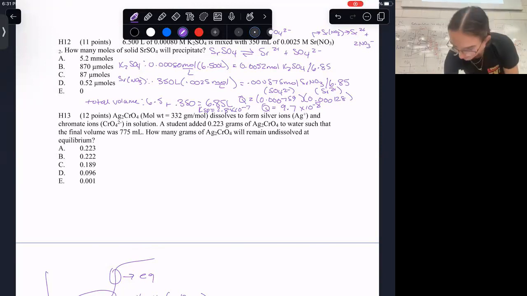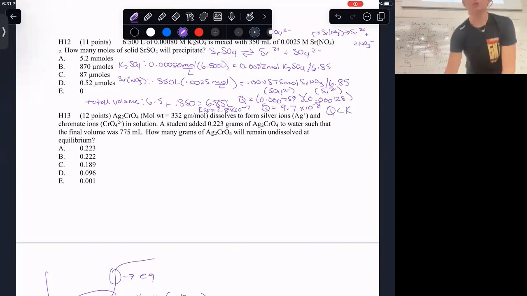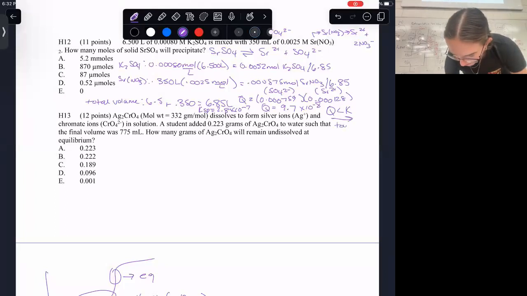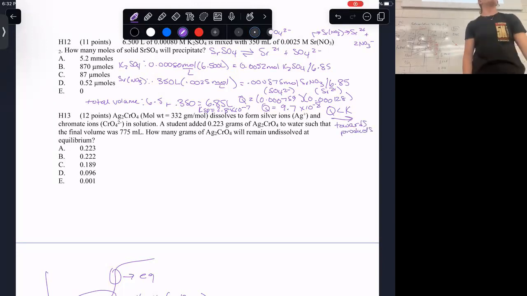Q is less than K. So which way do we proceed with our reaction? To the right, towards products. So what do we form more of, ions or precipitate? We form more ions. So how much precipitates? 0.